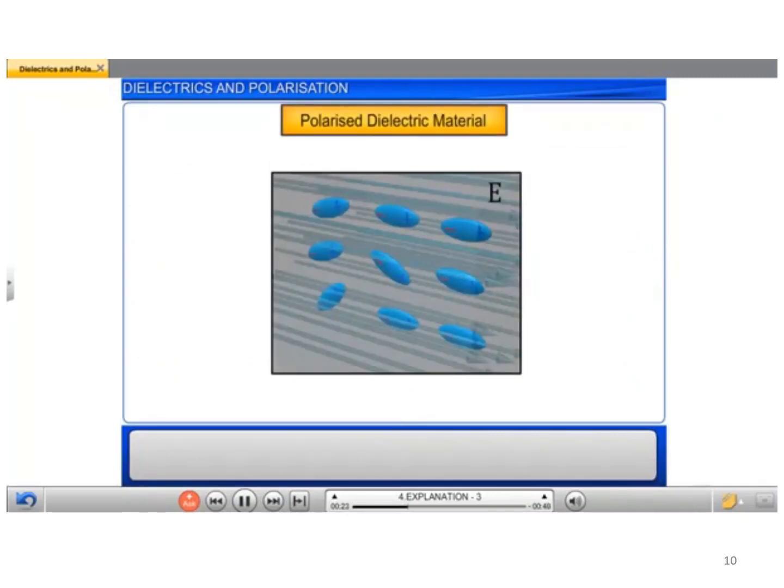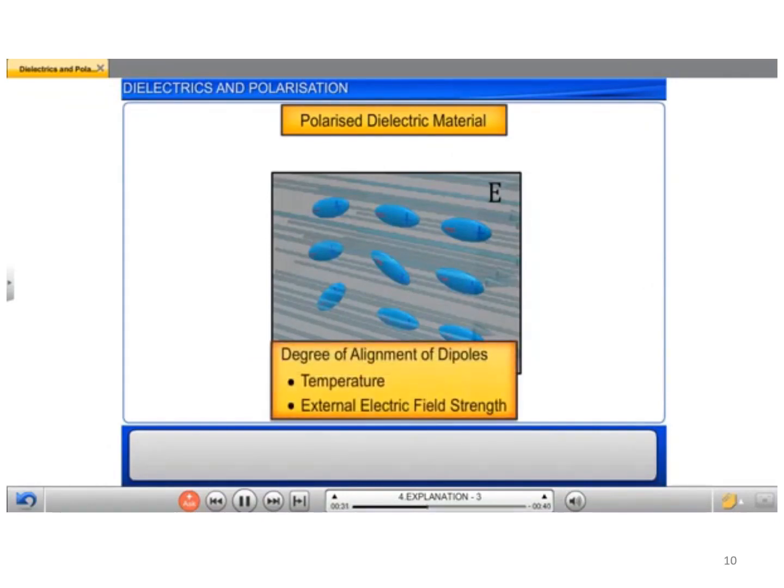Thus, the dielectric material with the polar molecules is said to be polarized. The degree of alignment of the dipoles with the external electric field direction depends on the temperature and also on the external electric field strength.